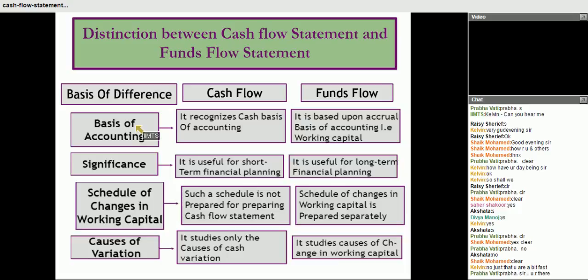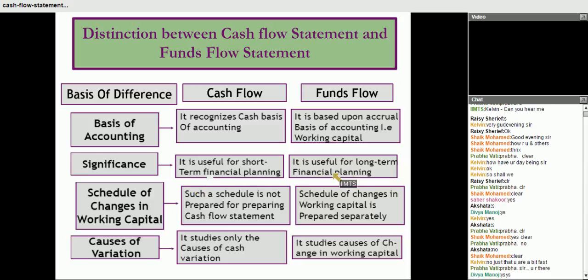So we can see the difference between cash flow and fund flow, right? In terms of basis of accounting, the cash flow recognizes the cash basis of accounting, and for fund flow, it is based upon accrual basis of accounting. That is the working capital. So in terms of significance, it is useful for short-term financial planning, this cash flow, and funds flow is useful for long-term financial planning.